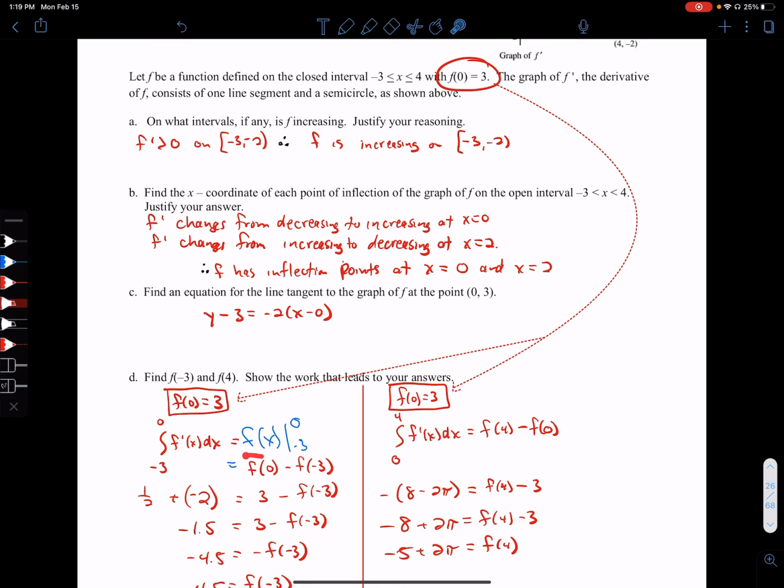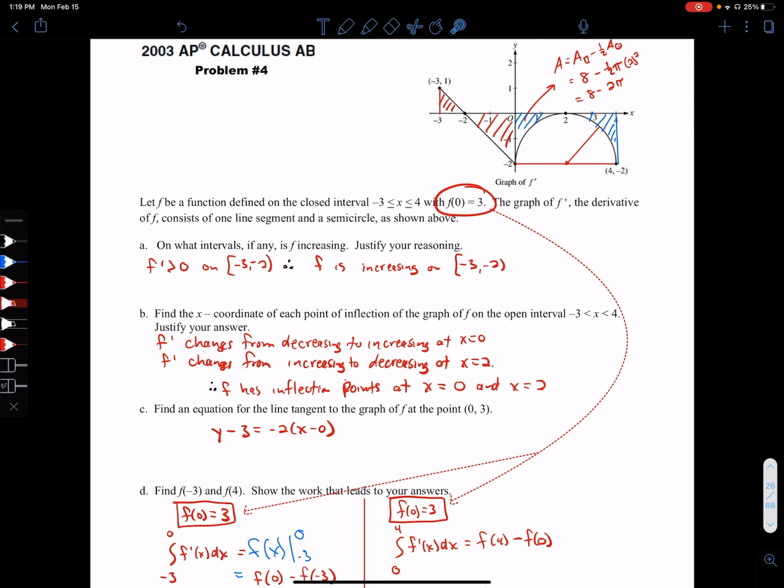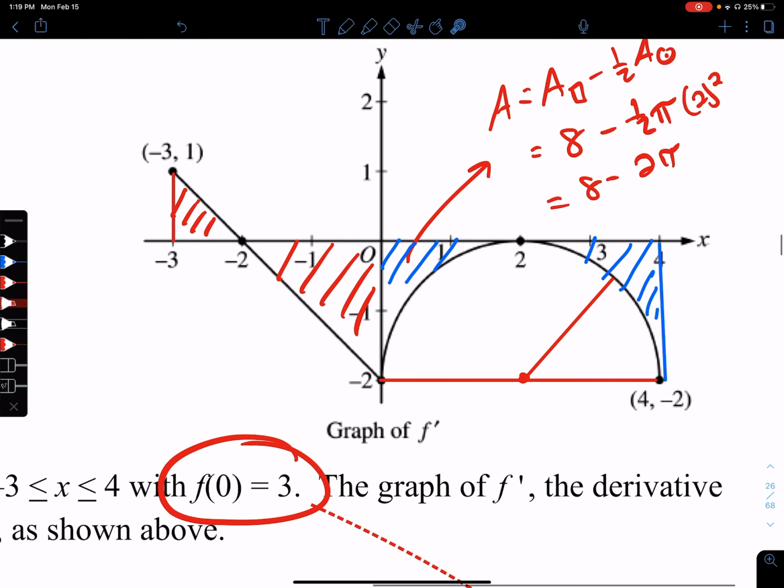So we know what f of 0 is. It's 3. We were told that here at the beginning. We don't know what f of -3 is. To figure out the area under the curve from -3 to 0, let's look at our picture. From -3 to 0, I think you would agree that this area is +1/2, because this is a square that's 1 by 1, and half of that makes the triangle, so it's 1/2.